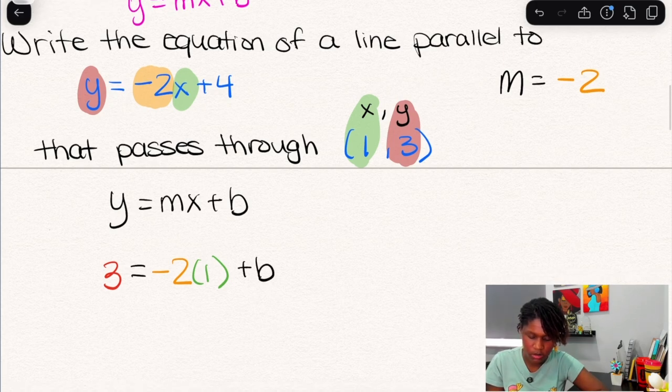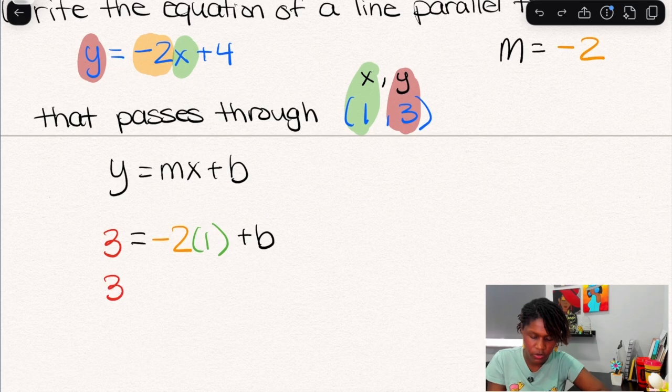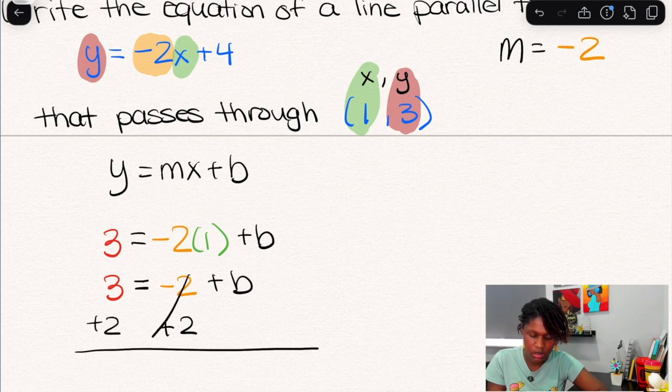Let's multiply. So we'll have 3 is equal to -2 times 1 is going to give me a -2 plus b. And now we'll solve for b. So to get rid of that -2, we're going to add 2 on both sides and find that 5 is b.